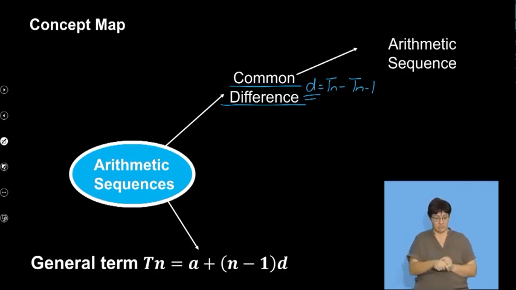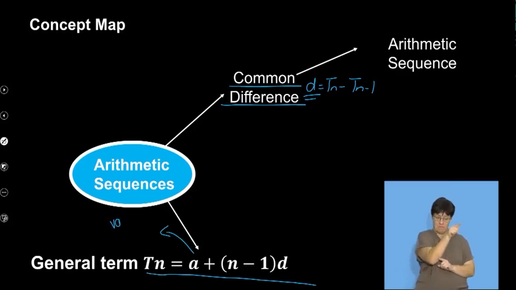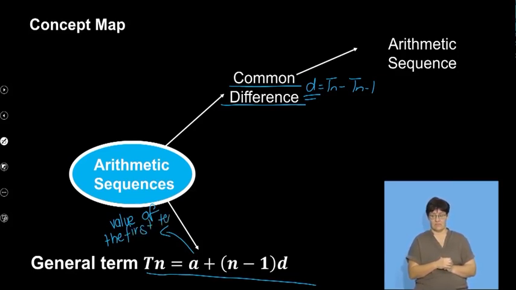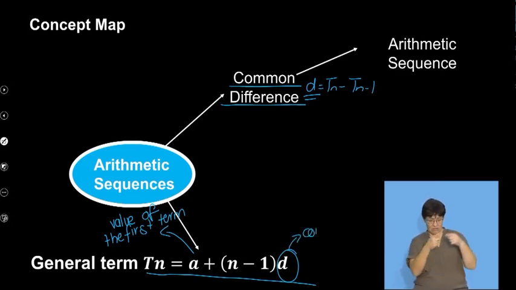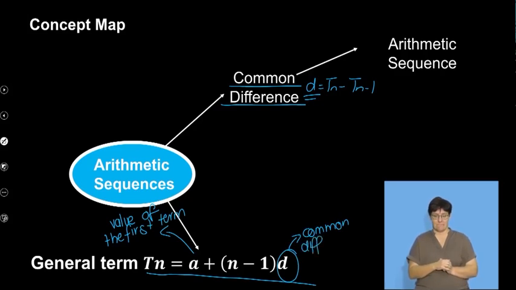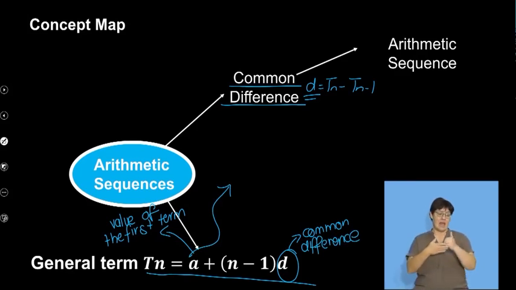If I'm looking down at the general term, we discussed that A is the value of the first term, and we discussed that D refers to my common difference. Cool. The last thing that we discussed is the general term and how it can help me write other terms in terms of their differences.